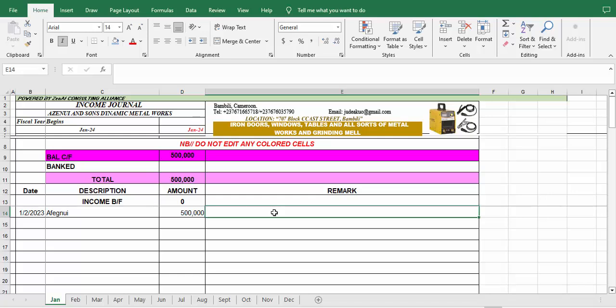Provided that's an advance payment, you write advance payment, comma, balance equals, and you write the balance that is left, equals 300,000.